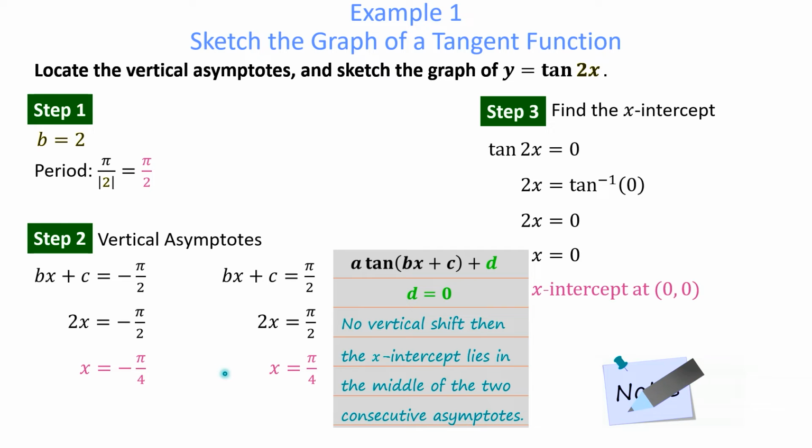So how do I do that? Well, we simply add the two values together and divide them by 2. So minus pi over 4, add pi over 4 will give me 0. 0 divided by 2 will give me 0. So we can see a quicker way of finding the x-intercept is by finding the middle value if there is no vertical shift, and there is no vertical shift when d equals 0.